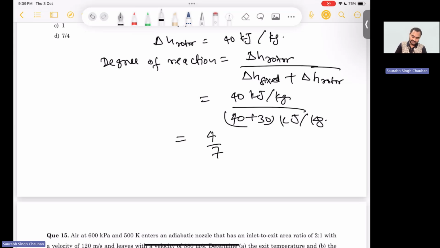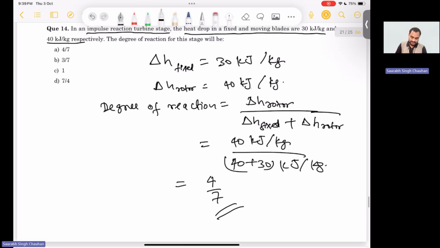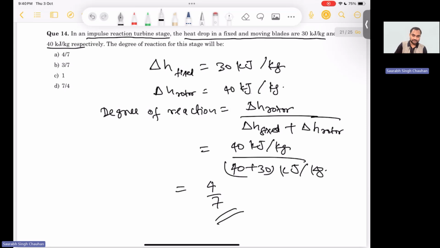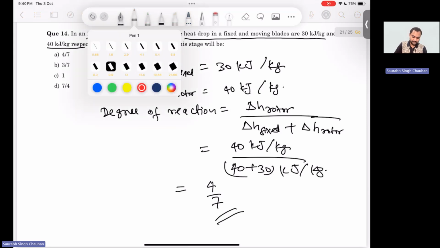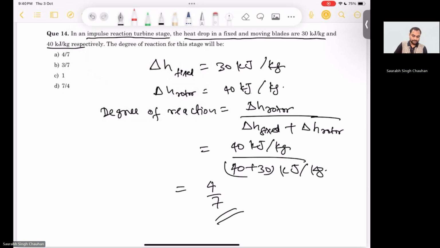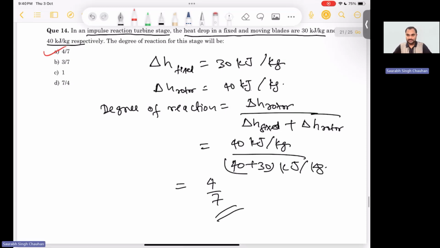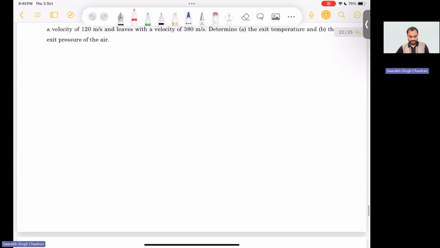So this is the degree of reaction. So is there any option? Yeah, sorry, option A. Option A should be the correct option, right? Hope this is clear. We will move to the next question, question 15.